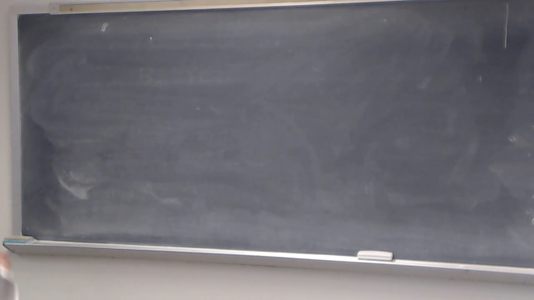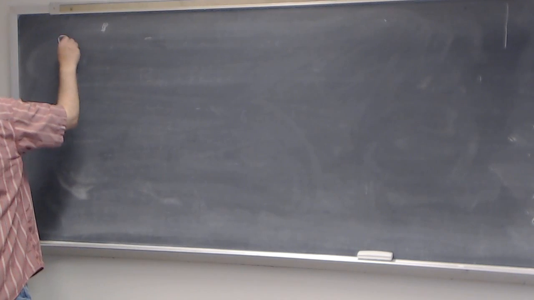So here's what the greatest lower bound property says. It's a definition.